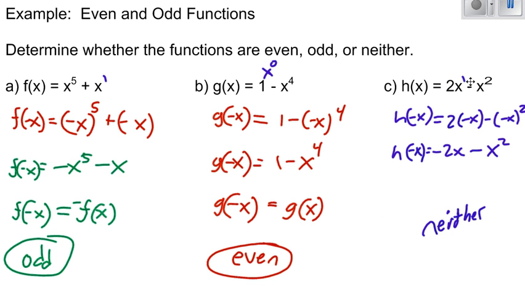And here we have a mixture. We have an exponent of 1 and an exponent of 2. We have one odd, one even, and it is neither an odd nor even function. So there's a little shortcut that you can notice. If all the exponents are odd, it's an odd function. If all the exponents are even, it's an even function. If you have a mix, it's neither.